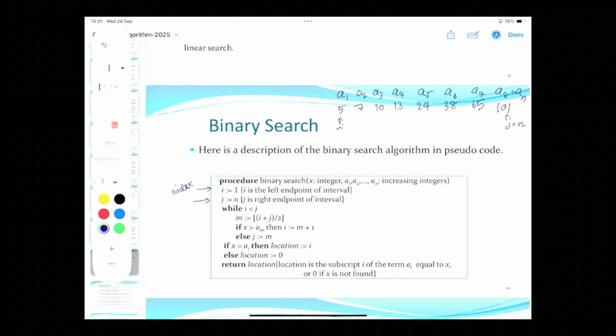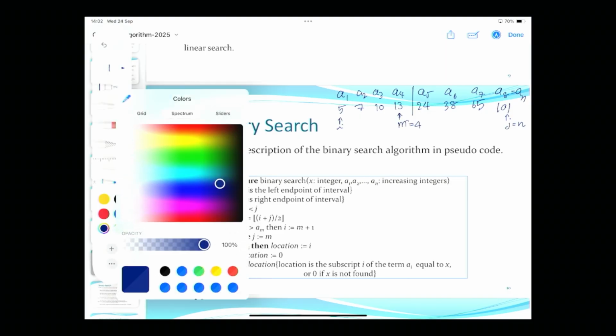Then in the while loop, when I is less than J, M is the middle of I and J. So I plus J is 1 plus 8, which is 9, divided by 2, so 4.5, and then the lower bound of this is 4. So M is here.